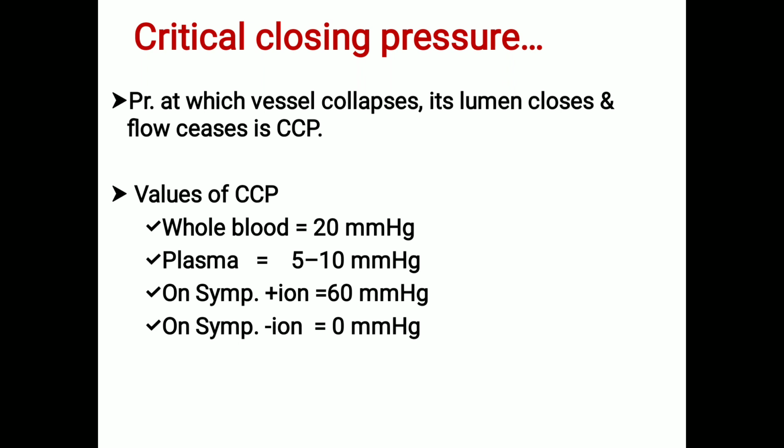Apart from that, we had looked into the exchange vessels, which are the capillaries, and the three types of capillaries: continuous, fenestrated, and sinusoids. Next we looked into capacitance vessels, which are venules and the venous compartment. The last we looked into was the shunt vessels, the arteriovenous shunts or AV anastomosis.